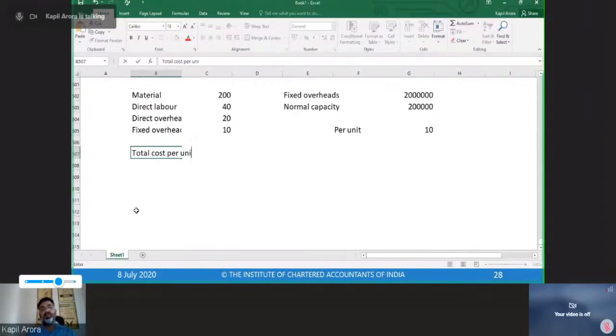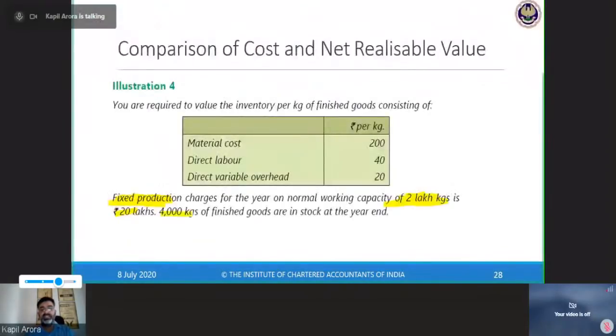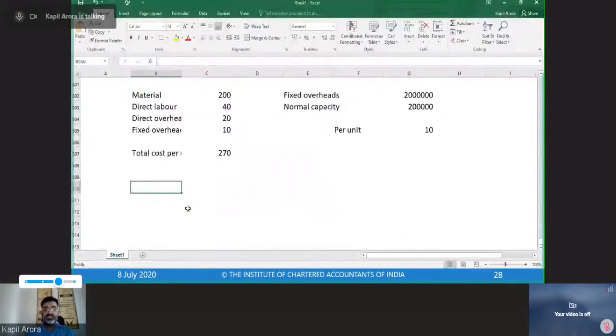By adding all these, the total cost per unit has come to 270. Now as per the question, we have 4,000 kgs of finished products in the inventory stock at the year end. So what is my closing stock? Closing stock is 4,000 units, and cost per kg is 270.